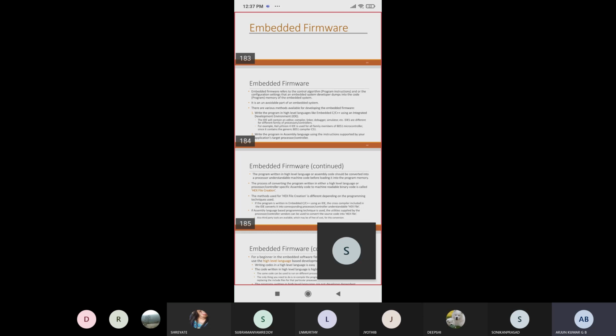We check whether the program works as per your desired objectives or not. The IDE is a platform for editing the program, compiling, linking to other peripherals, debugging, and simulating results. These IDEs are different for different families of processors and controllers.